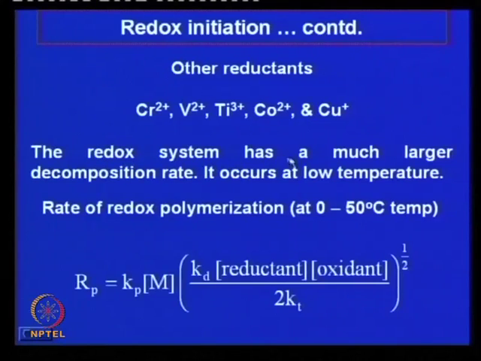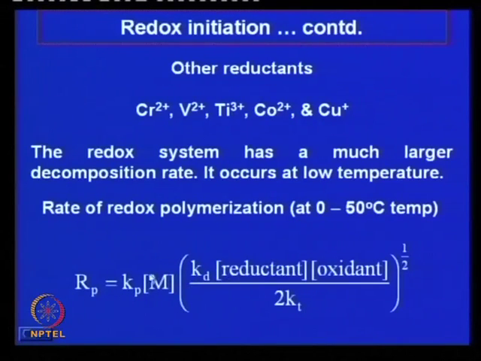The redox system has a much larger decomposition rate, it occurs at low temperature, and gives you a very good rate at this temperature range, and this rate of redox polymerization can be evaluated with the help of this expression. You can compare it with the rate of polymerization using thermal initiation, as you have seen: Rp is equal to Kp M times f Kd I by Kt to the power half.